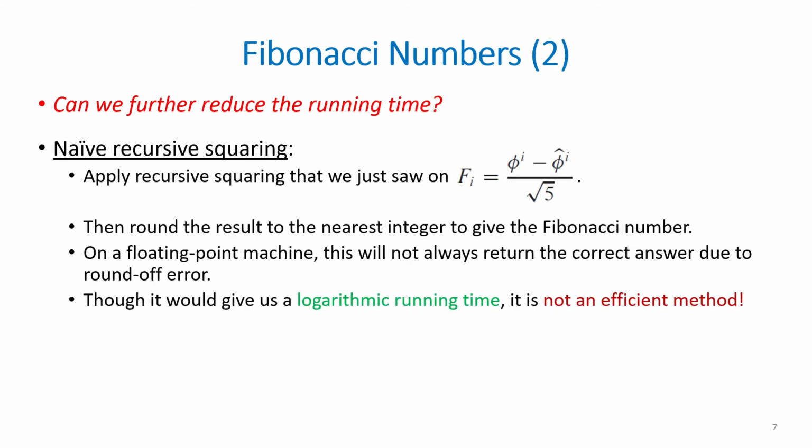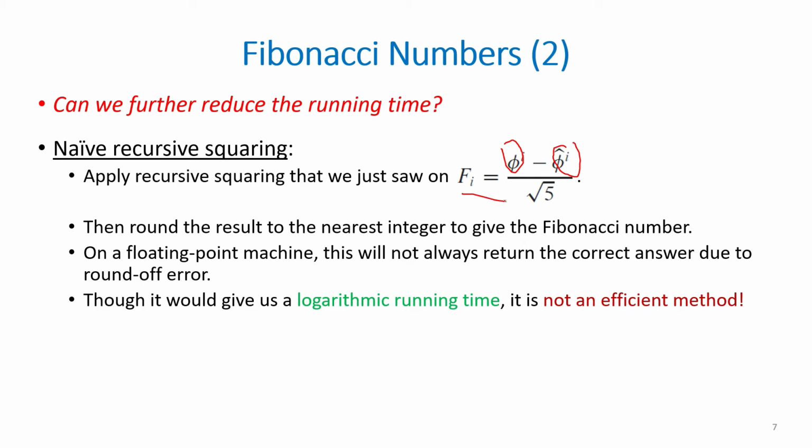One solution may be using the golden ratio function of f(i), where we can use recursive squaring to calculate phi to the i and phi hat to the i. Then, when we round to the closest integer, it would result in the Fibonacci number we want.